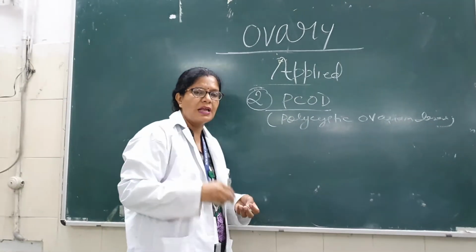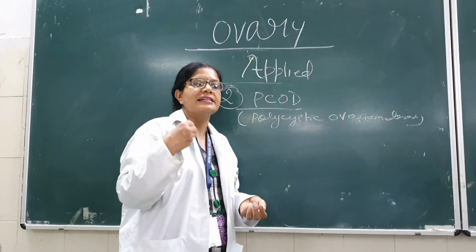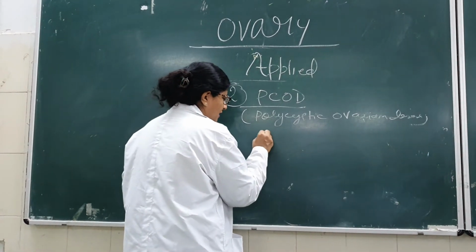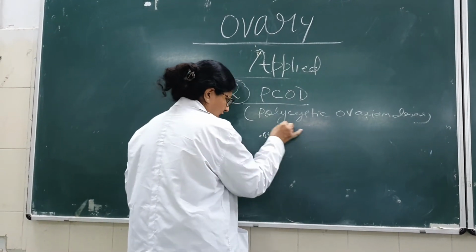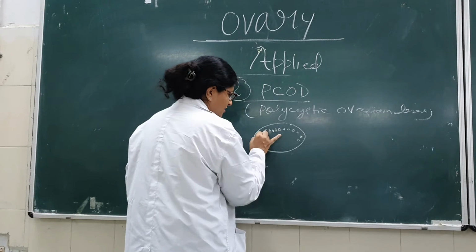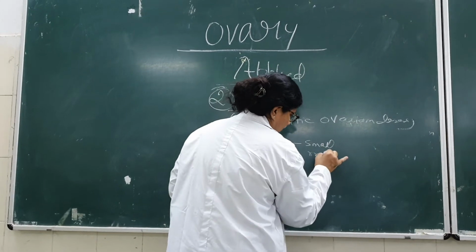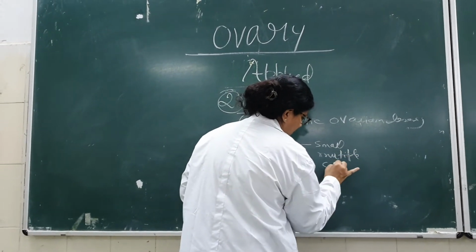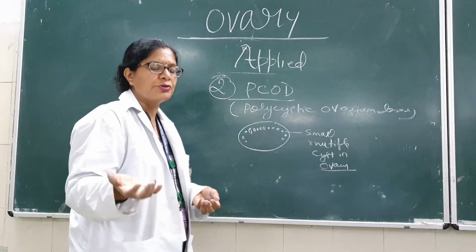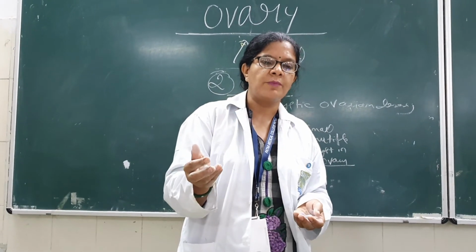The female may have oligomenorrhea or menstrual irregularity, sterility will be there, and if you do ultrasound, we have multiple small cysts in the ovary, arranged in a necklace-like fashion. Normally during ovulation there is one cystic appearance, and that ovum is released.